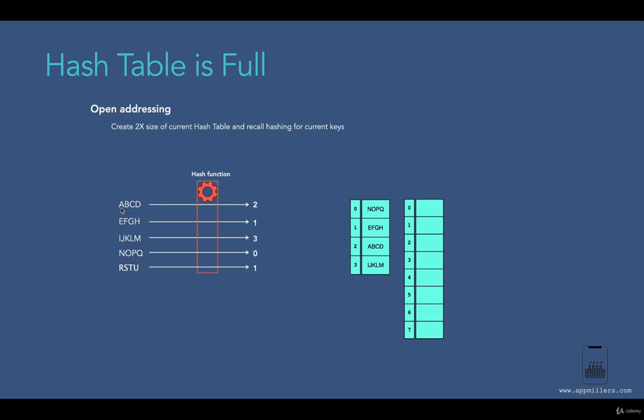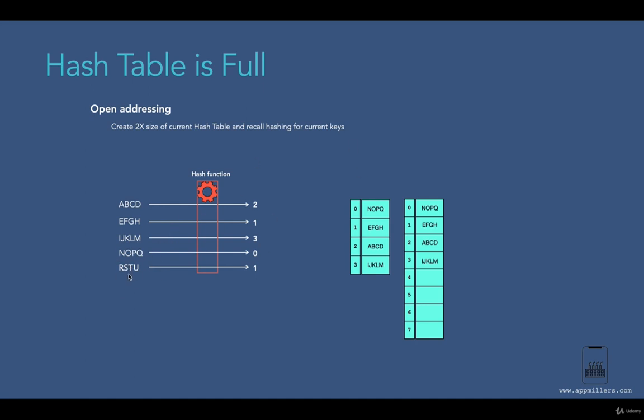Here again, we call the hash function for ABCD. We see that it returns 2, so we insert at the index of 2. Then we call the hash function for EFGH, the index is 1, so it is inserted at the index of 1. Then we call it for IJKLMN, it returns 3, and we insert at the index of 3. Then we call it for NOPQ, and the index is 0, so we insert at the index of 0.